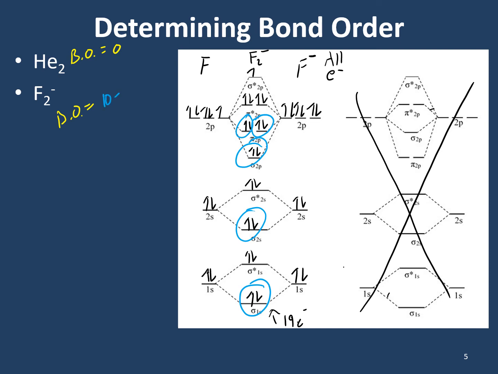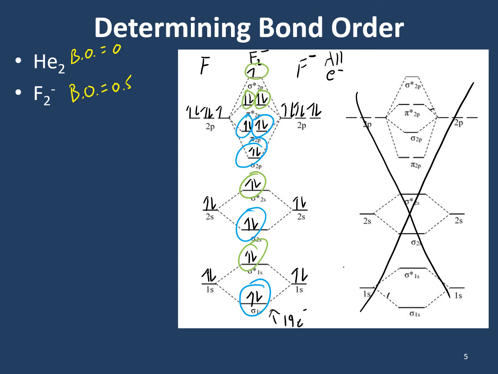Let's count our anti-bonding electrons: 2, 4, 6, 8, 9. We then do that subtraction, divide by 2, and we get 0.5 as our bond order for the F2 minus molecule. This tells me that F2 minus is a very unstable diatomic molecule.